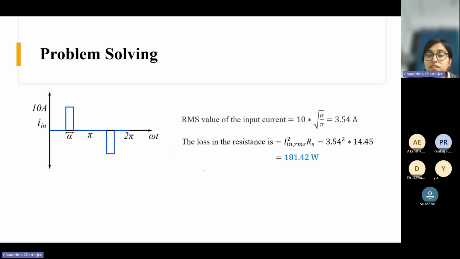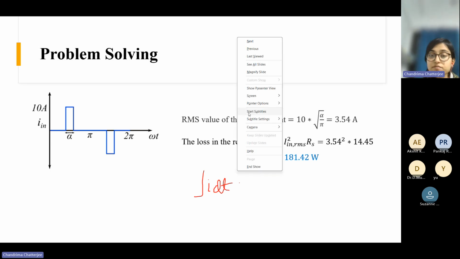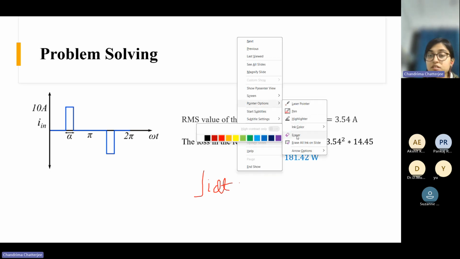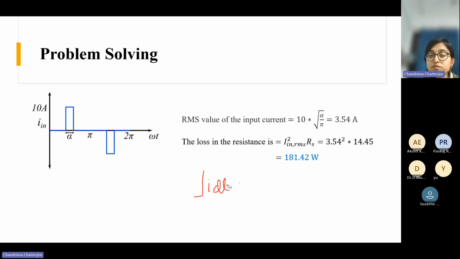So you have the integral of I dt, or you can also write d omega t if omega t is the x-axis.